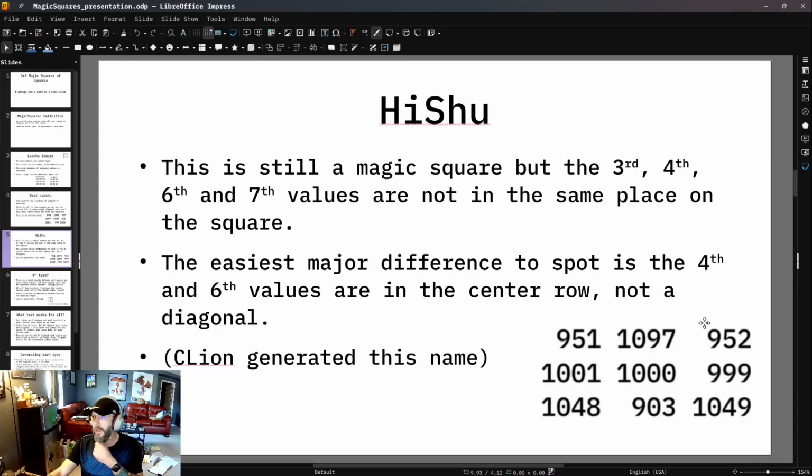I did the math by hand on this, so I'm hoping I didn't mess up somewhere. It seems to me that this is one less than 1,000 and this is one less than 1,050. If we put those in, we've got 950 plus 1,000 plus 1,050, so we end up with 3,000.